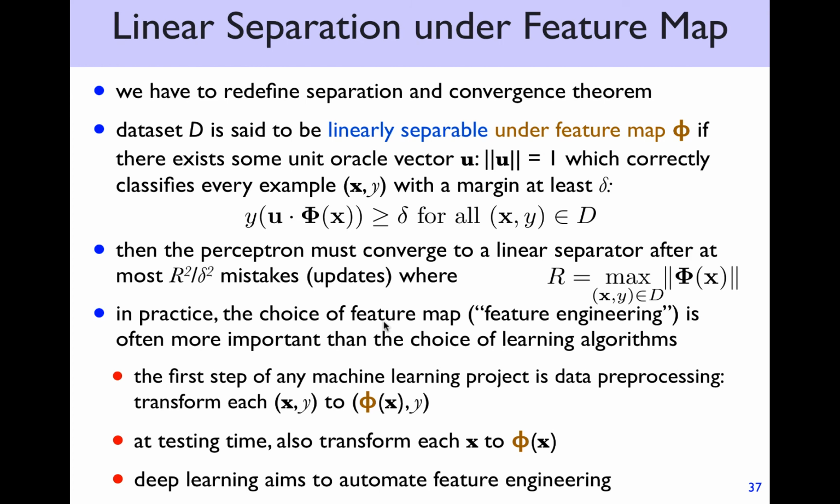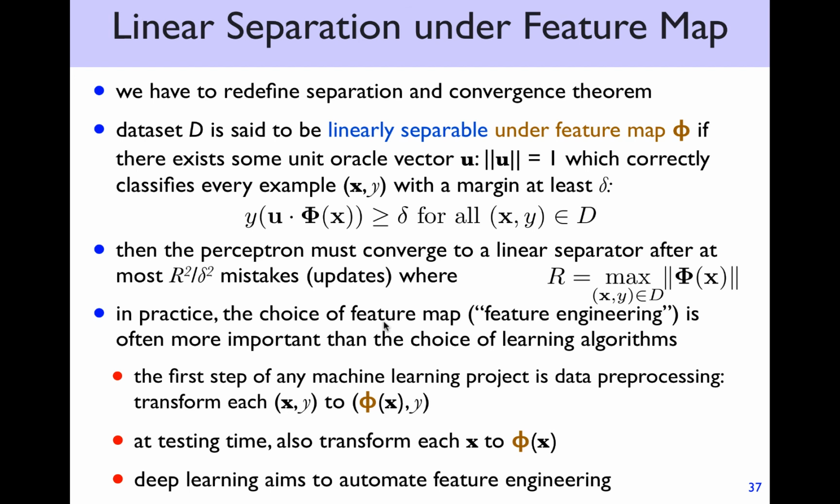If you use a more complicated feature map, all these algorithms will do better on the training set at least, right? But the actual difference in terms of error rate at training time or testing time is not too sensitive to the choice of learning algorithm, but it's more sensitive to the choice of features. So you will spend more time on feature engineering, right?